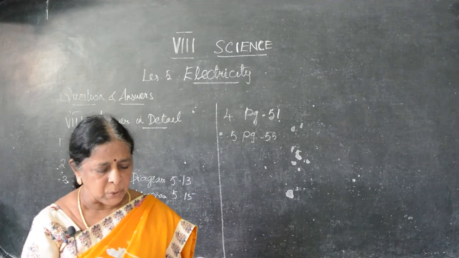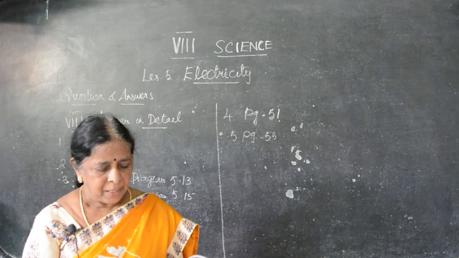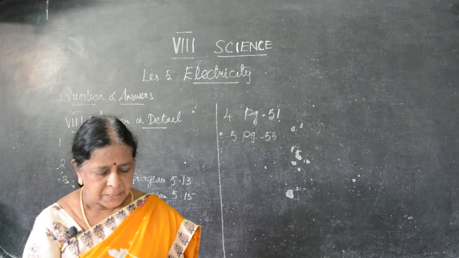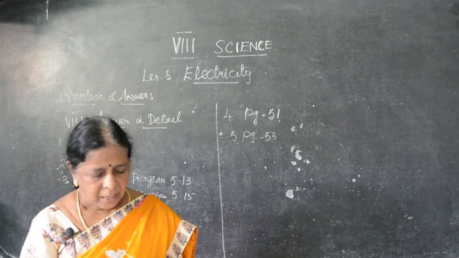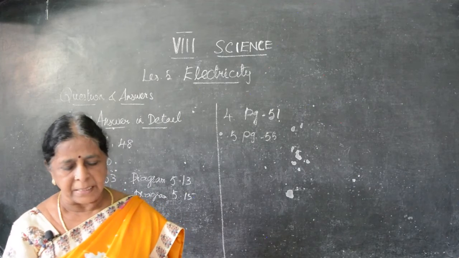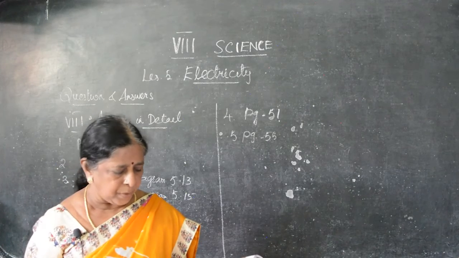Electroplating is one of the most common applications of chemical effects of electric current. The process of depositing a layer of one metal over the surface of another metal by passing electric current is called electroplating. Over.